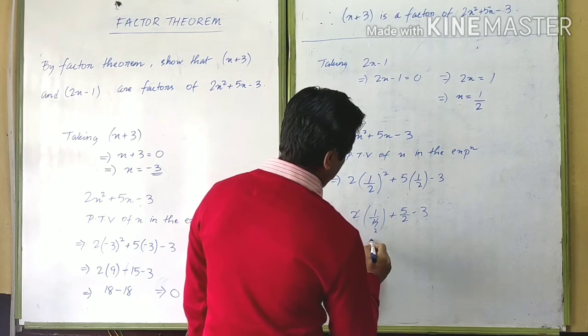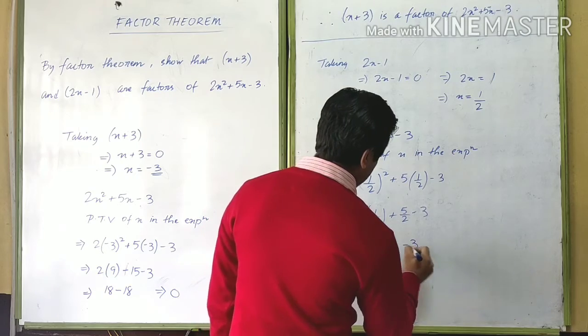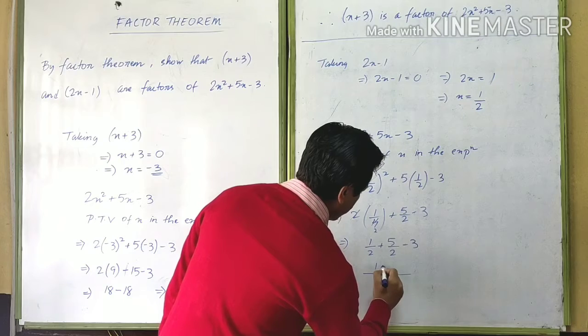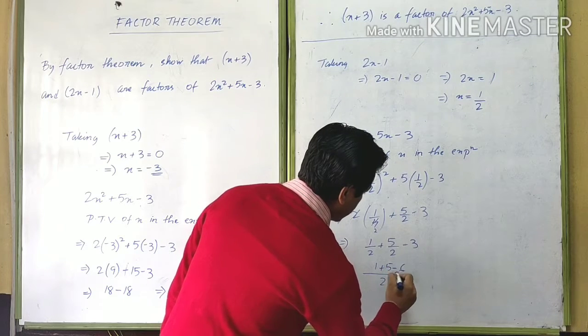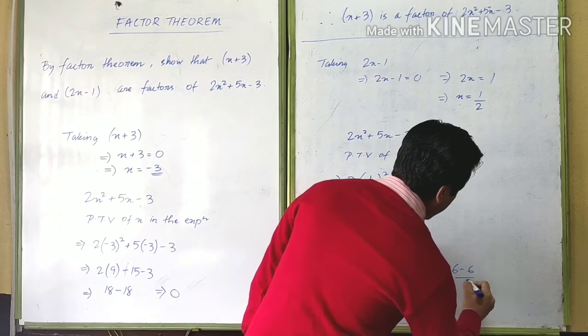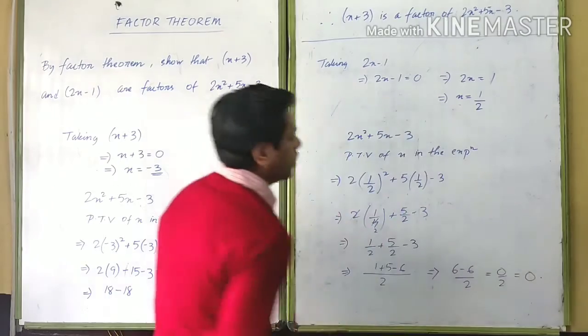This gets cancelled: 1 by 2 plus 5 by 2 minus 3. We'll do the LCM: 1 plus 5 minus 6. So this gives me 6 minus 6 divided by 2, or 0 divided by 2 equals to 0.